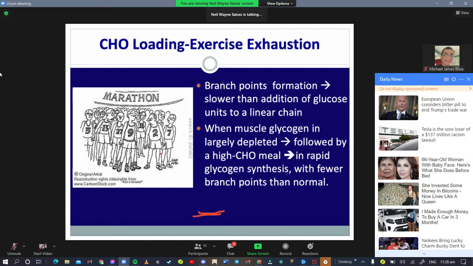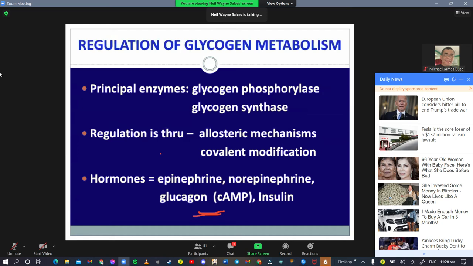This is followed, even after a high carbohydrate meal, by rapid glycogen synthesis with fewer branch points than normal. So this is what happens to the marathoner, where there is exhaustion of glucose because of this event.